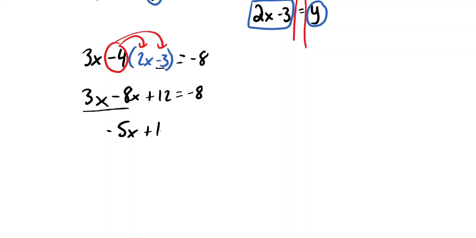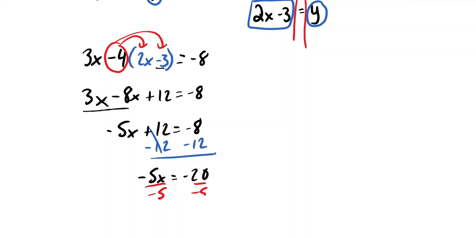You bring down your plus 12, equals negative 8. And then you just subtract 12 from both sides. This will give you negative 5x equals negative 20. And then finally you solve by dividing both sides by negative 5 to get that x equals 4.